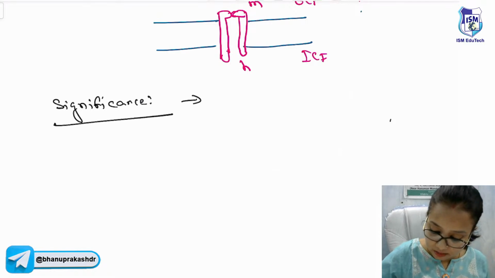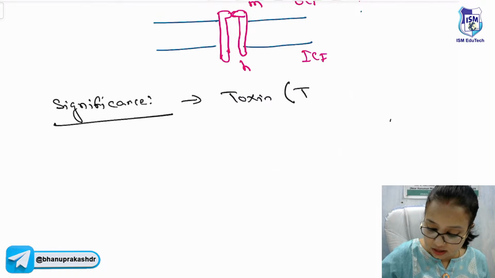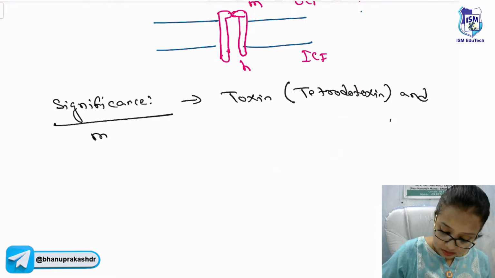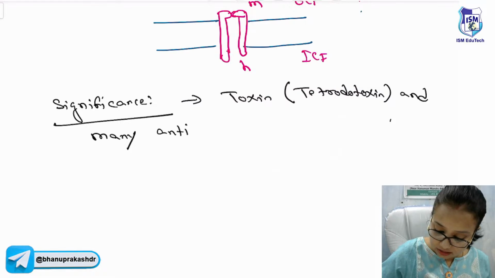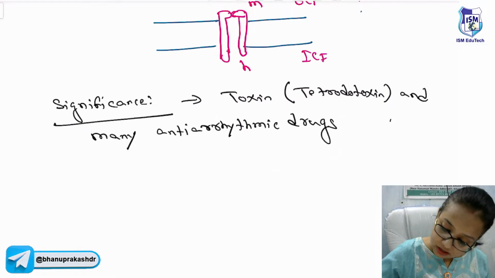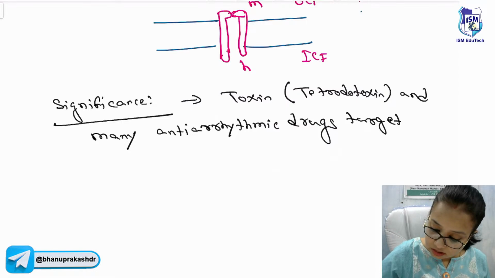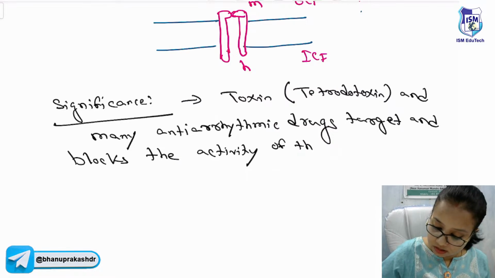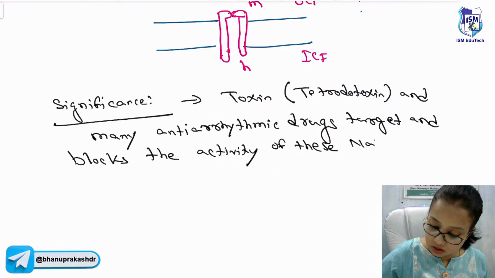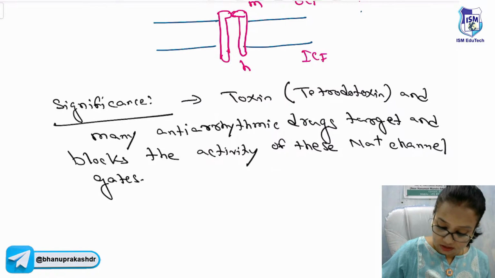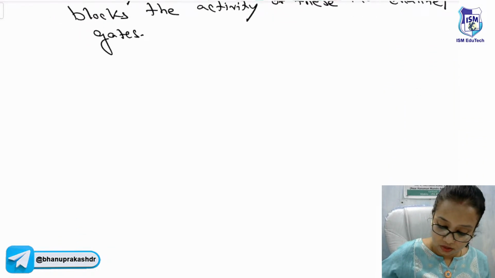The significance is that toxins like tetrodotoxin, and many anti-arrhythmic drugs target and block the activity of these sodium channel gates. This is its significance. Okay.